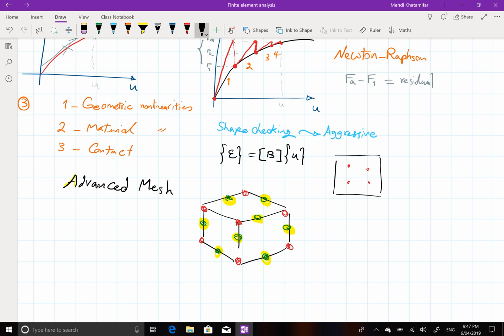When you open the mesh option, there is an option for element mid-side nodes, which you are going to select as dropped. So it is going to automatically drop those nodes, which is going to decrease the possibility of these conflicts when you have large deflections.